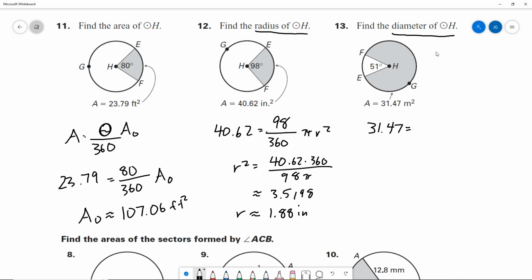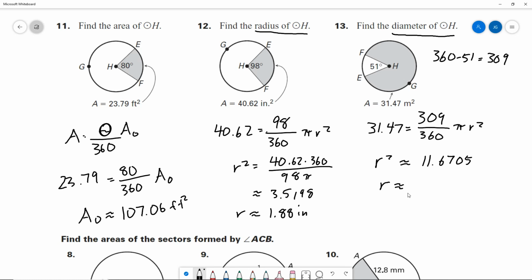We have to subtract the 51 from 360. 360 minus 51 is going to be 309 degrees. So our theta is 309, divided by 360 times pi r squared. R squared in this case is going to be equal to 11.6705.